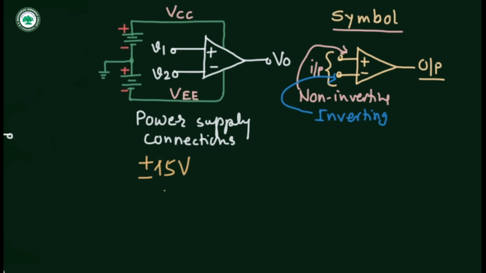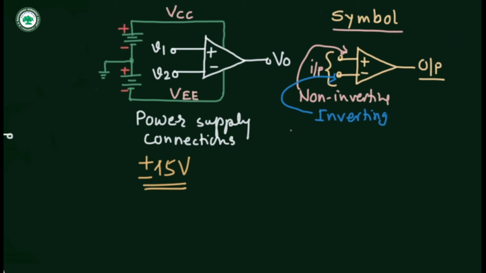There is no actual ground terminal for this operational amplifier. However, we connect the negative of VCC and the positive of VEE together, and take this as the common terminal, which we consider as the ground terminal. So this is about the power supply connections of the operational amplifier. However, we do not show the power supply connections in the symbol.